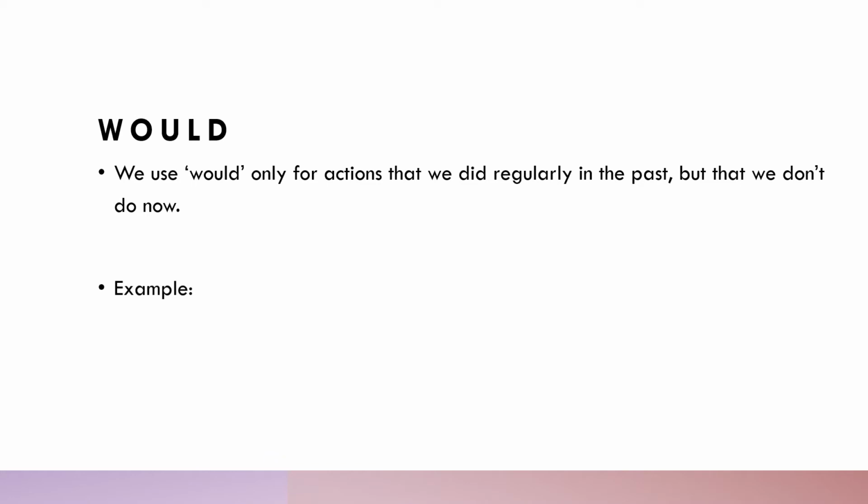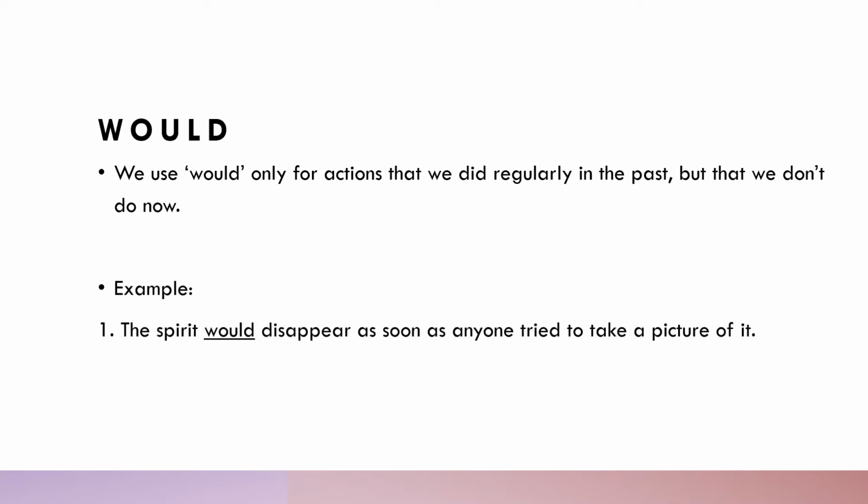For example, the spirit would disappear as soon as anyone tried to take a picture of it. It means the spirit or the ghost would disappear as soon as anyone tried to take a picture of it. That means in those days this really happened, but it is not happening now.